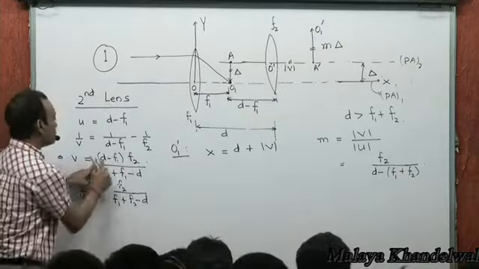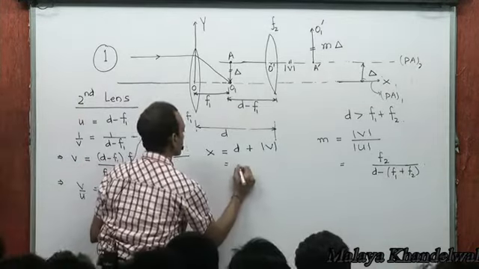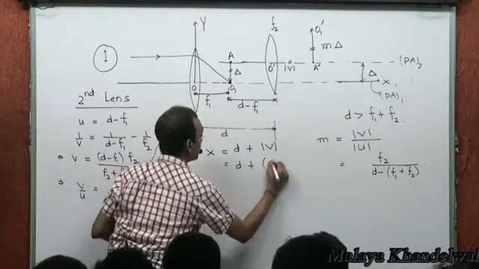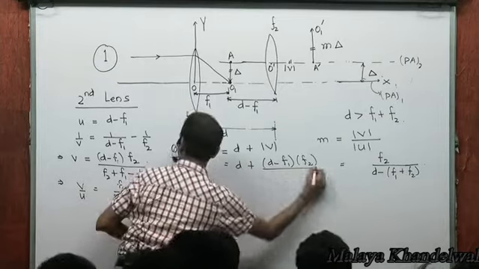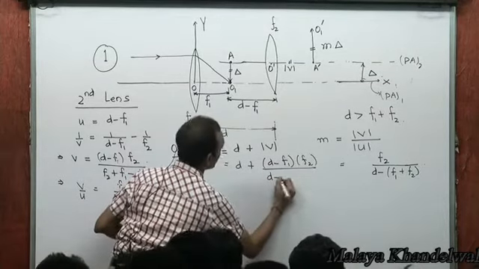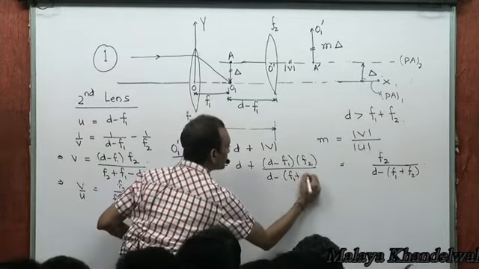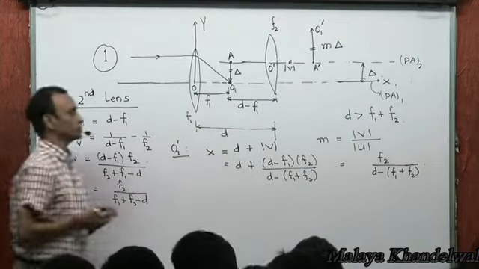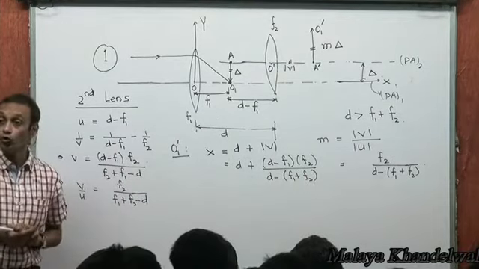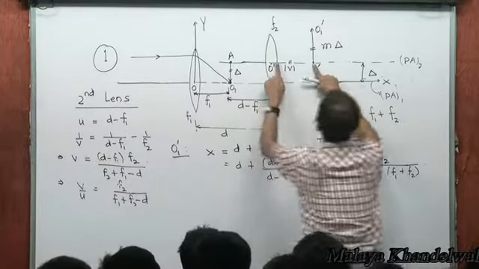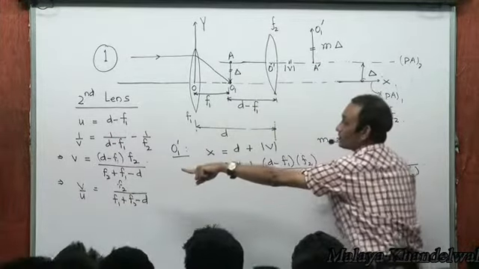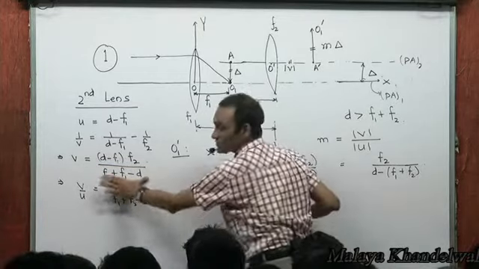And mod V would be D minus F1 into F2 divided by D minus F1 plus F2. Good. That's the x coordinate of O1 prime. D, this distance, plus mod V. V was this, so mod V would be change of sign of this.